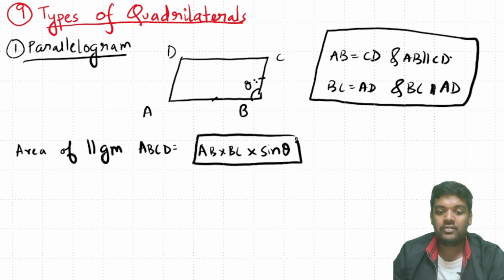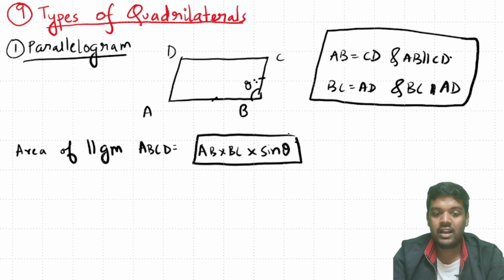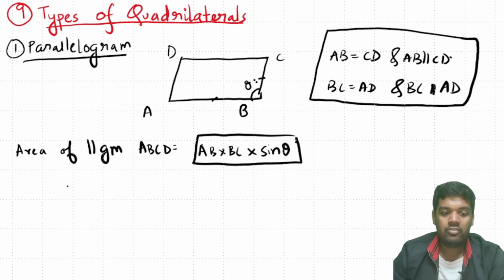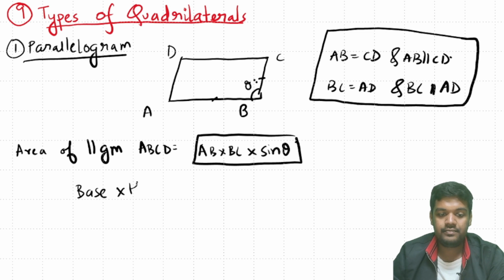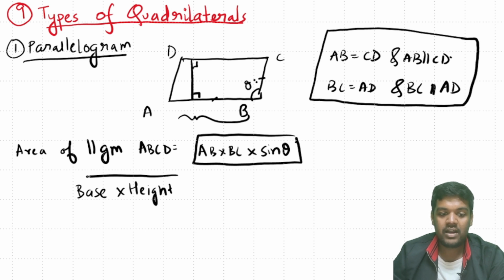So अगर आप product of two consecutive sides कर दोगे and the angle between them means the sine theta, you will get the area of parallelogram. Also, area of parallelogram is base into height. So if I call AB as my base and let's say this is my height, right? So base into height is also area of parallelogram. These two will be the same values.